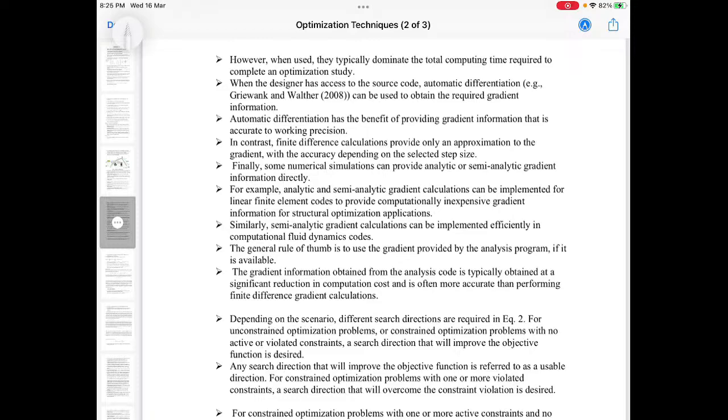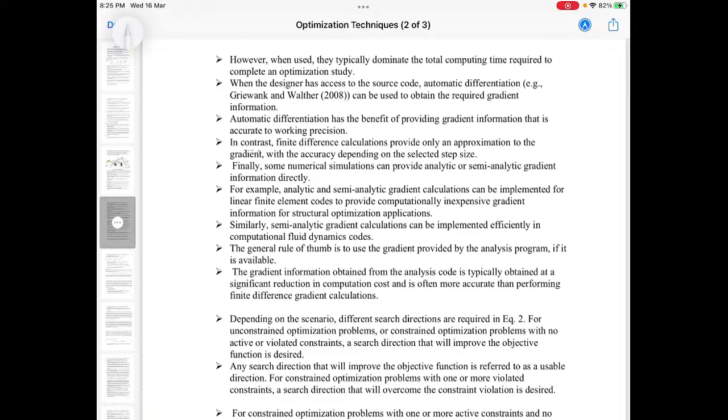And here we were discussing the example of the blindfolded boy who is climbing uphill, and the gradient was calculated based on the step size. Automatic differentiation has the benefit of providing gradient information that is accurate to working precision.